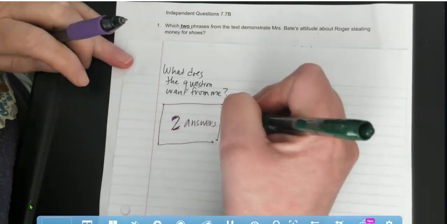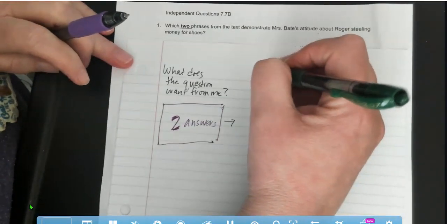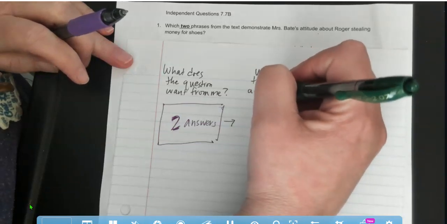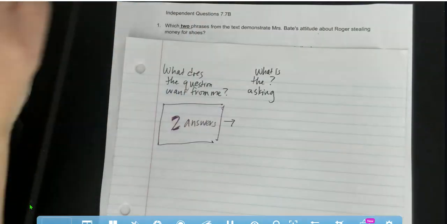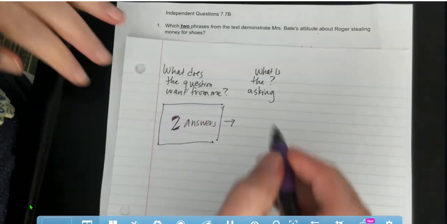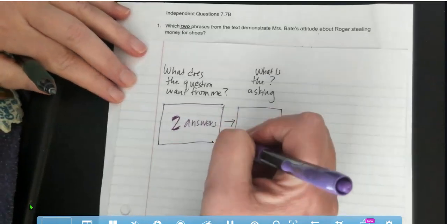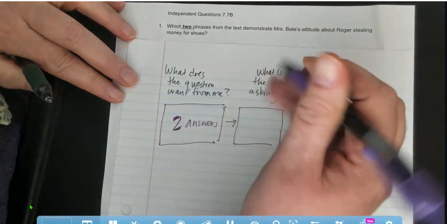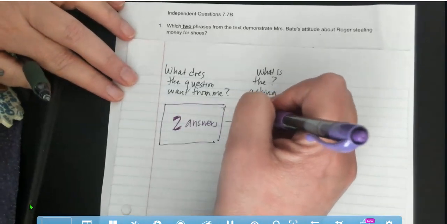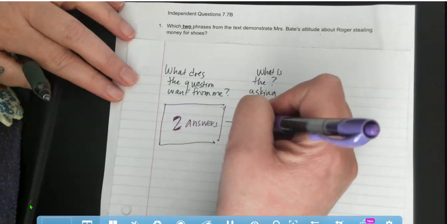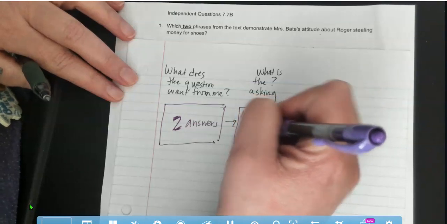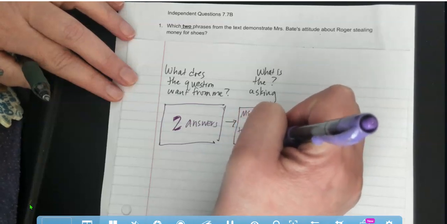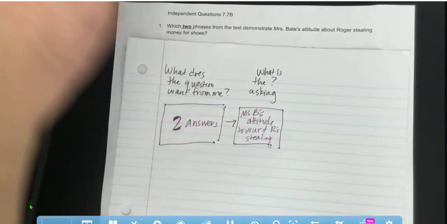My next step is going to be, what is the question asking? I need to make sure I really understand what the question is asking me to do or to think about. And in this case, it's asking me to think about Miss Bates' attitude, and I'm just going to abbreviate a couple of things.